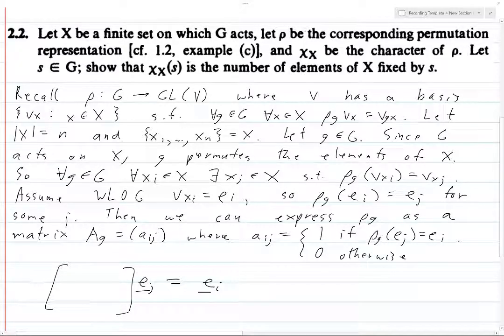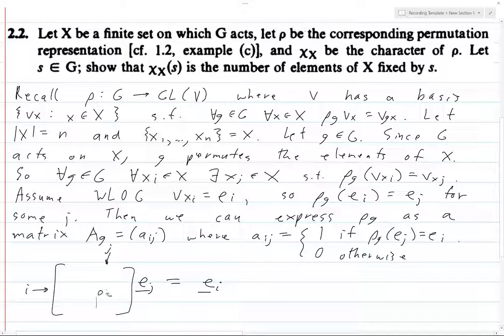Well, e_j is of course just 1 on the j entry, and because when we're doing matrix multiplication, we multiply each row at a time, once you get down to the ith row, you want there to be a 1 in the jth column.